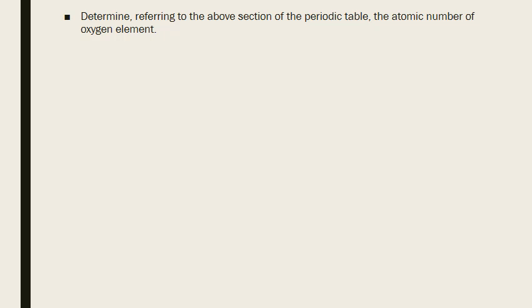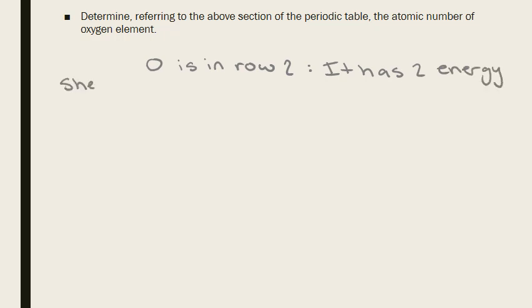The first question says, determine, referring to the above section of the periodic table, the atomic number of the oxygen element. So, O is in row 2. It has 2 energy shells, which are K and L. Column 16.